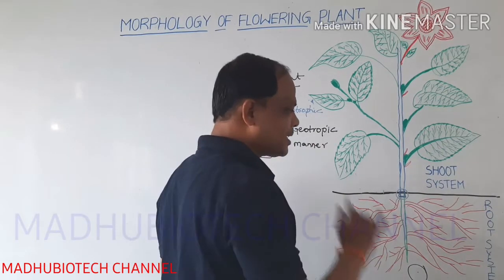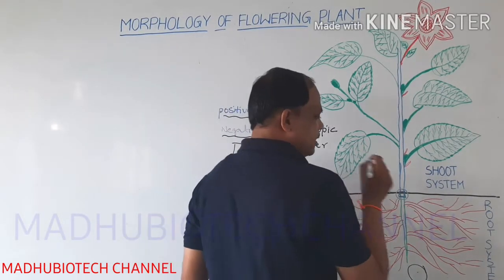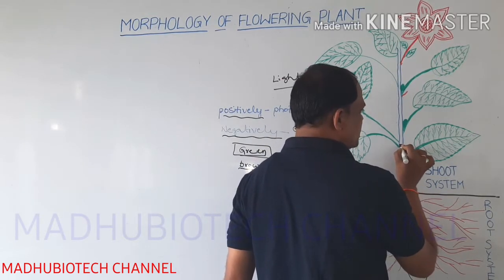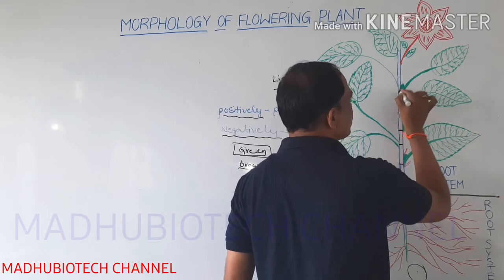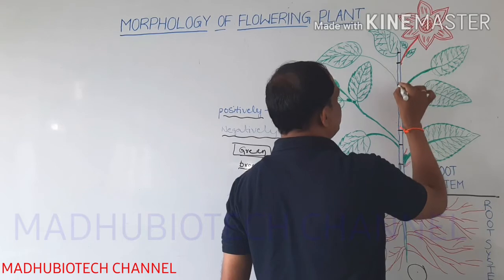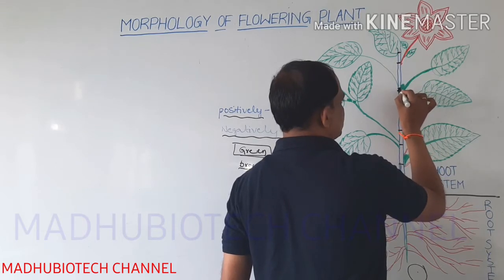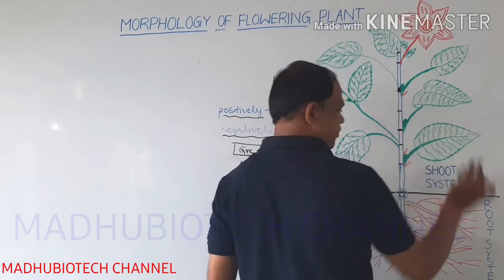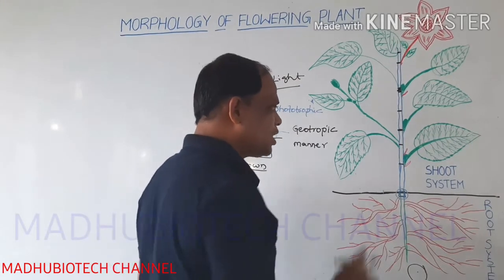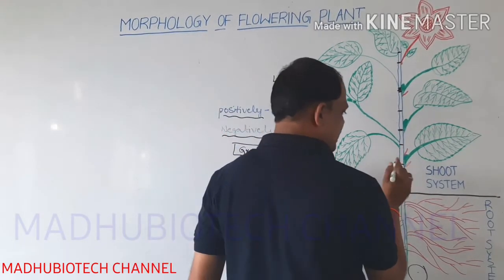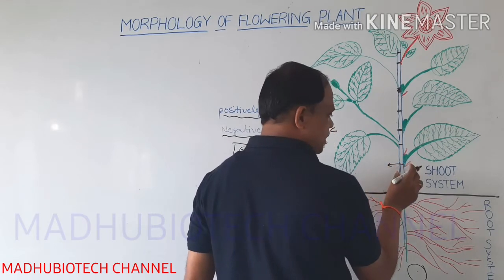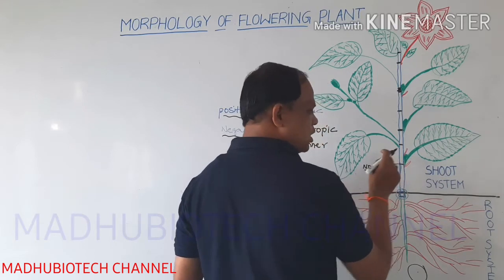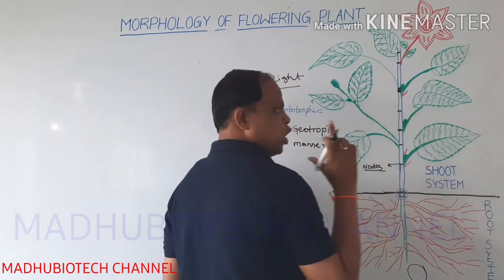And the characteristics of the shoot system are that it contains nodes and internodes. Nodes means a notch-like structure. The shoot system contains notch-like structures, which are called nodes.